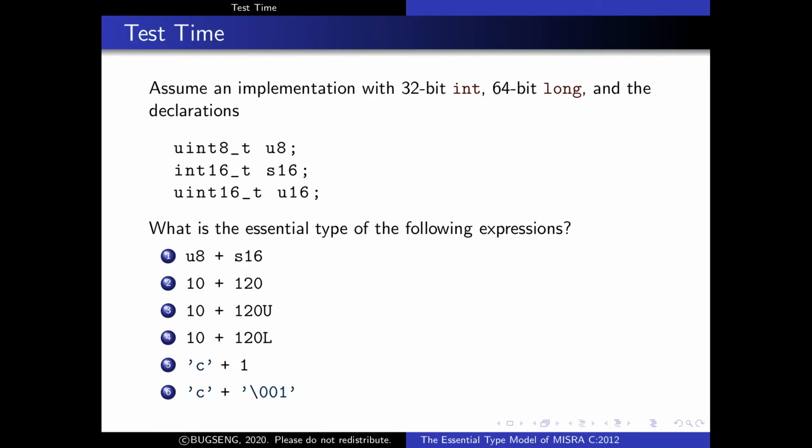Here they both have essential category char, so the result will have the same essential type as the C standard type. Many of you said character, whereas the correct answer is 32-bit signed.